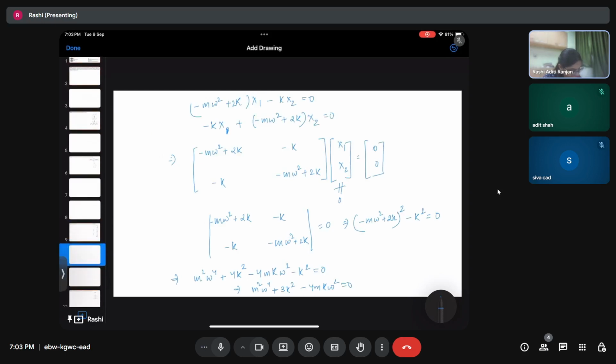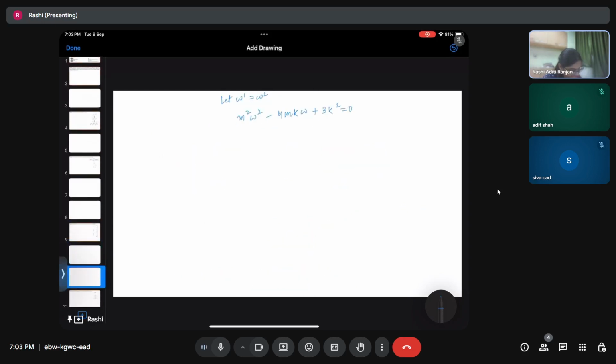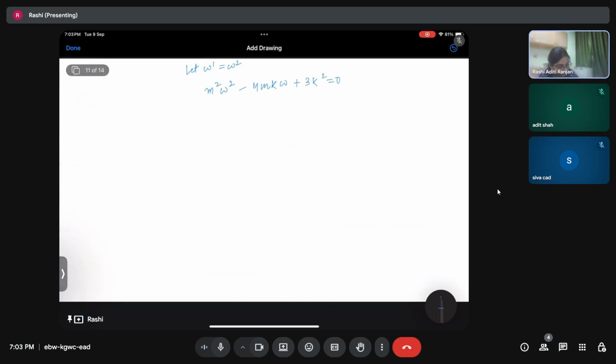m square omega square 3k square minus 4mk. Yes, now the value of omega dash is going to be minus b plus minus under root of b square minus 4ac, so 3 times 4 was 12, m square k square, divided by twice of m square, right?